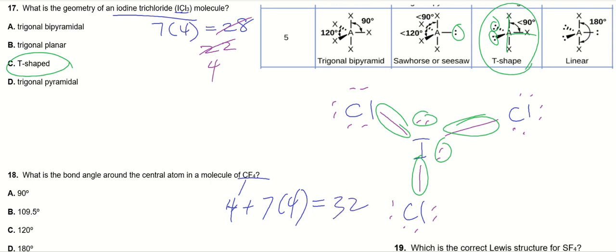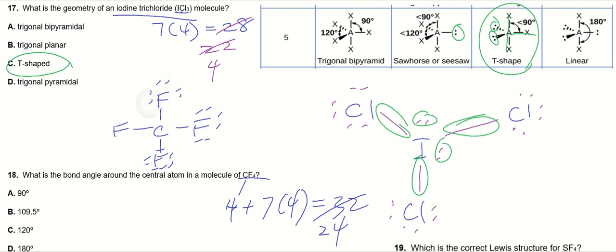Let's put carbon in the center. 2, 4, 6, 8. Bonding pairs, 8. 32 minus 8 is 24. Fluorines, get them each 6 more valence electrons. That's 24. We use it all up. 6 times 4 is 24.